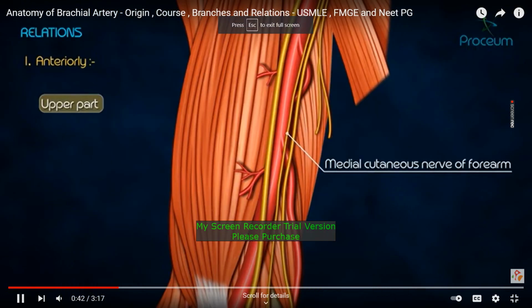Let's discuss the relations of the brachial artery. If we talk about the anterior relations, in the upper part it is related to the medial cutaneous nerve of the forearm, which runs anteriorly to the brachial artery.